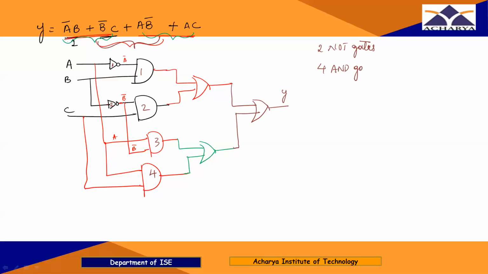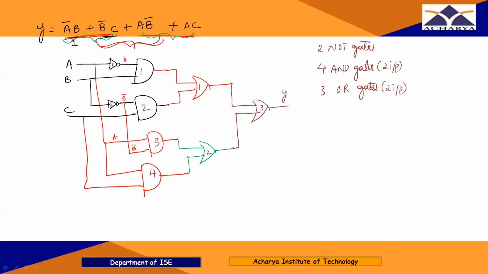And I have 1, 2 and 3 OR gates. 3 OR gates. So here this is a 2 input. This is also 2 input.